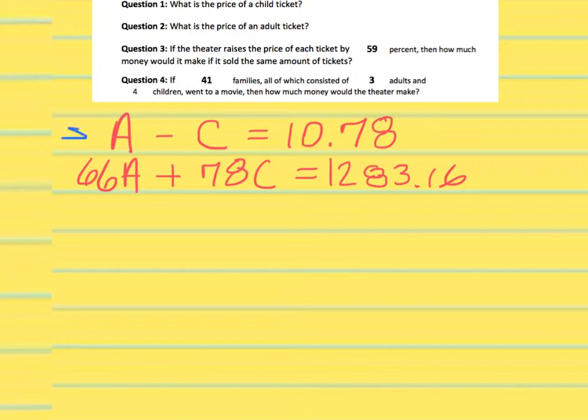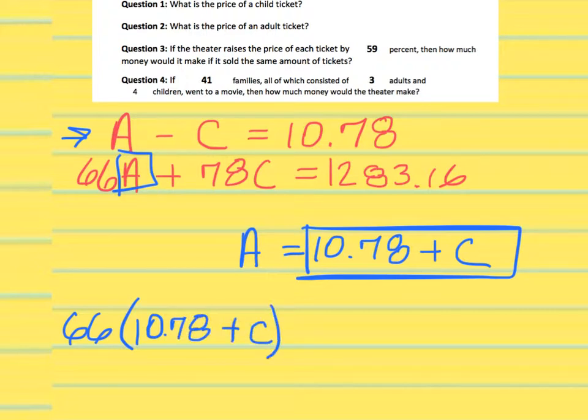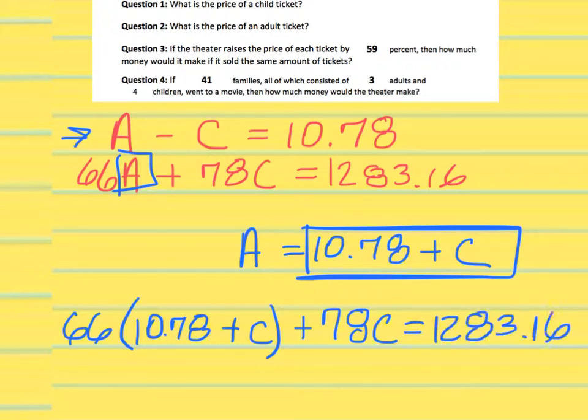You can solve this by substitution by first rearranging the top equation, and that would be A equals 10.78 plus C. And insert this into this to get 66 times (10.78 plus C), and then plus 78C equals 1283.16.